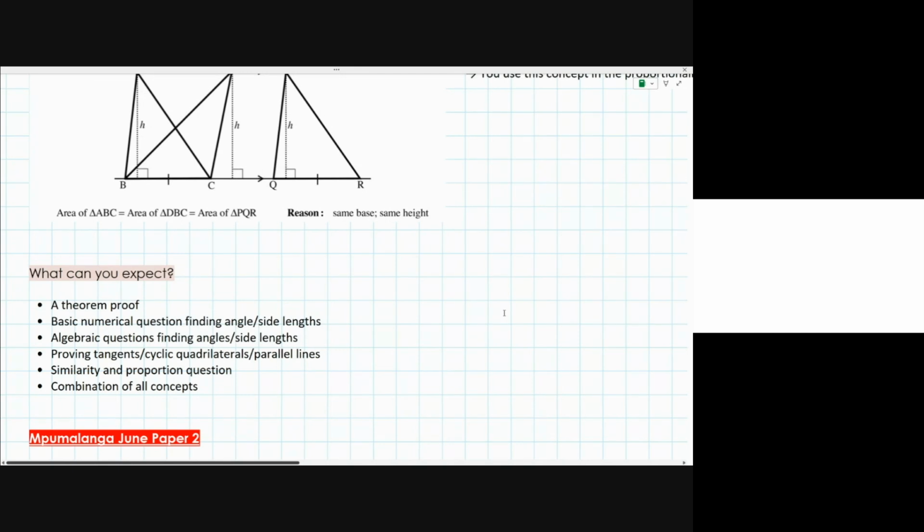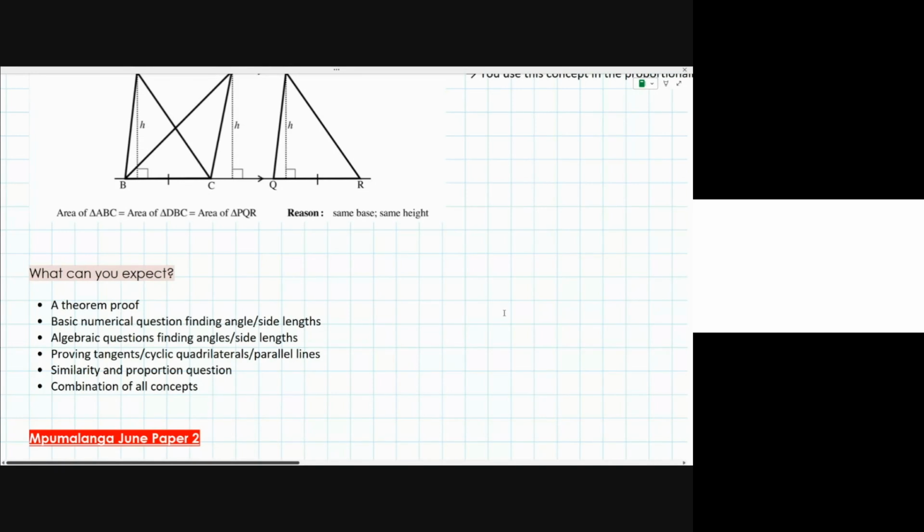So this angle is 74 degrees and this one is 15 degrees or whatever. And then we ask you, find the size of angle A2, Z1, whatever the case is. So it's just a basic question. What you should bear in mind at this point is that we're testing your fundamental knowledge of the theorems. Can you identify the theorem within a diagram? And can you then use that to find an unknown angle?